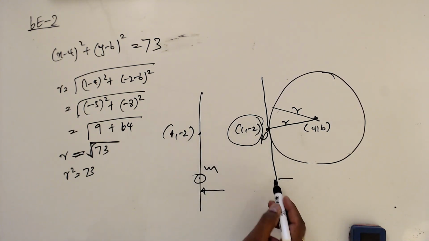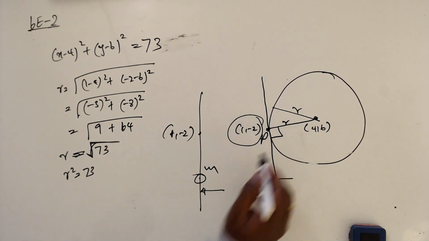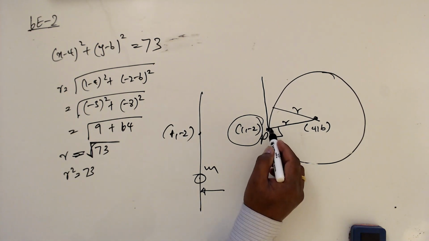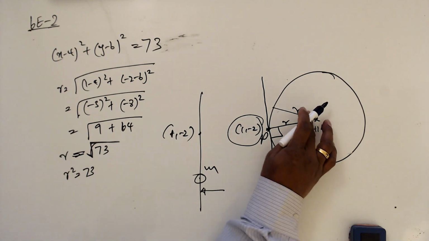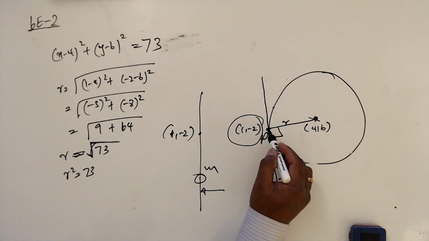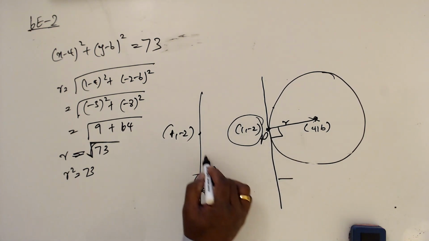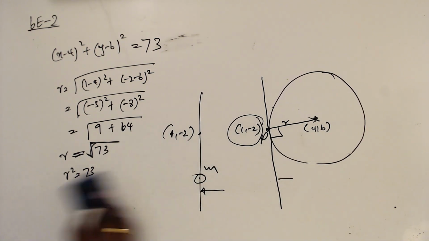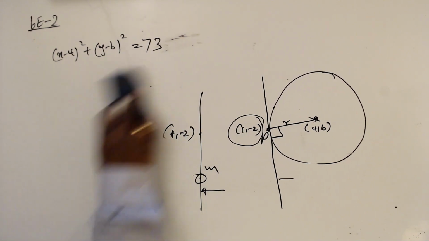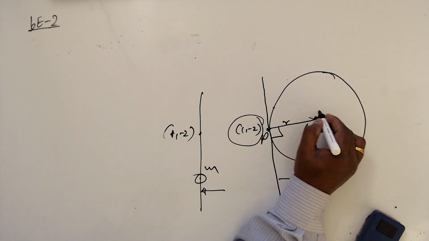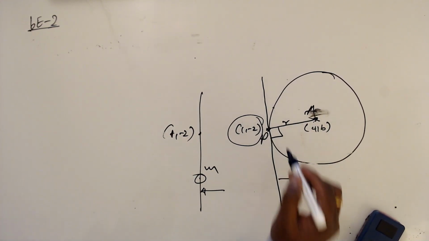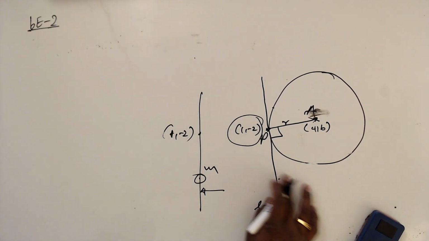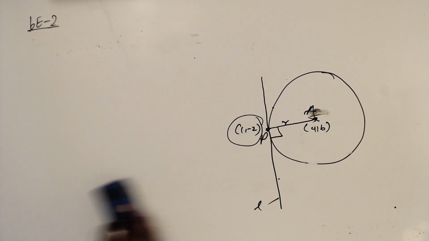We can get the gradient because those two lines are perpendicular. Hence, if I know this radius gradient, then I can get the gradient of this line. So we'll work around now. I'll write this as A, P, and this is line L. So you can name it always (1, -2).